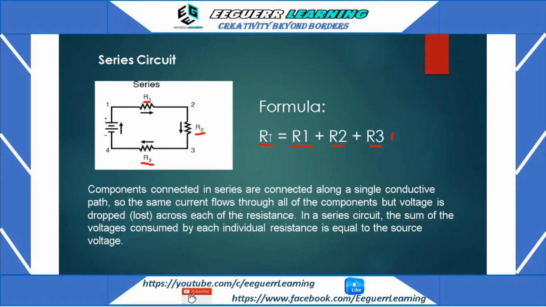We're just going to add that resistor here. For example, if we have another resistor and we label it as R4, we're just going to add it here as R4, and that will be our formula for the series circuit. So let us continue.